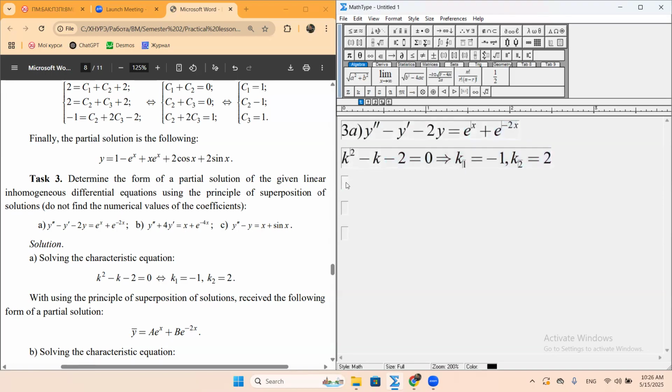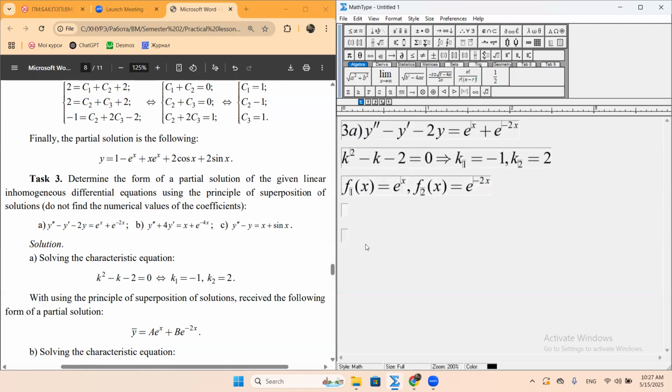So actually we can write it like this. f1 of x equals e to the power of x, and f2 of x equals e to the power of minus 2x. And each of them has a control number. The control number of f1 equals 1, and the control number of f2 equals minus 2. Both of them are not roots of the characteristic equation.